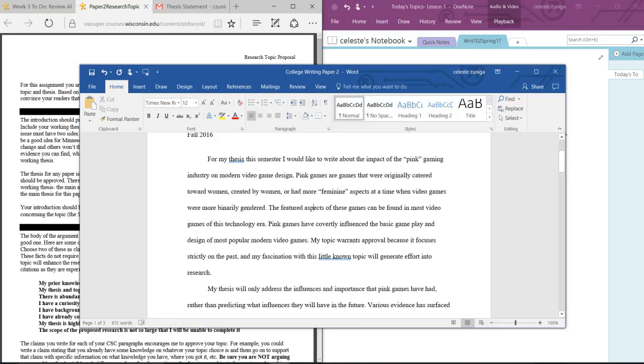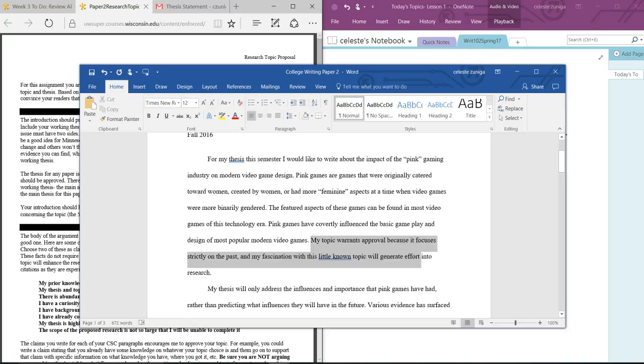The featured aspects of these games can be found in most video games of this technological era. Pink games have covertly influenced, so here's her working thesis that she came up with in her Lab 3. Pink games have covertly influenced the basic gameplay and design of most popular video games. That's her working thesis.